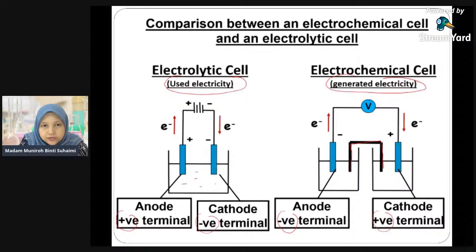So for the electrolytic cell, there is no need for a salt bridge. The electrolytic cell has a battery, so for the electrochemical cell, there is no need for a battery. And the electrolytic cell is non-spontaneous, and the electrochemical cell is a spontaneous reaction.